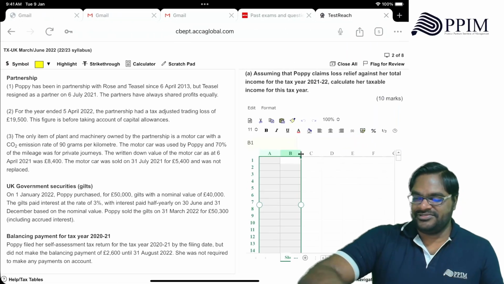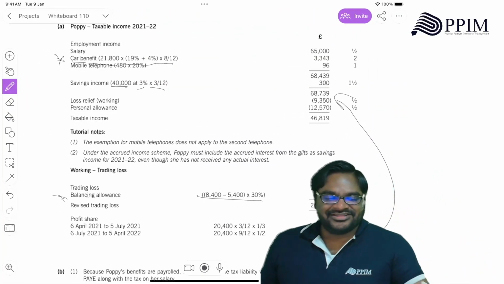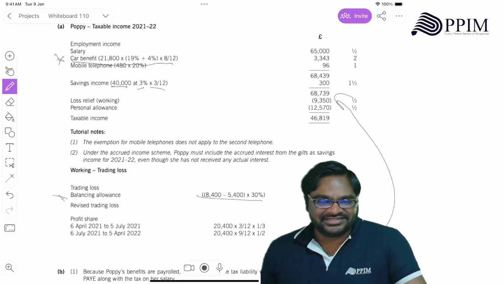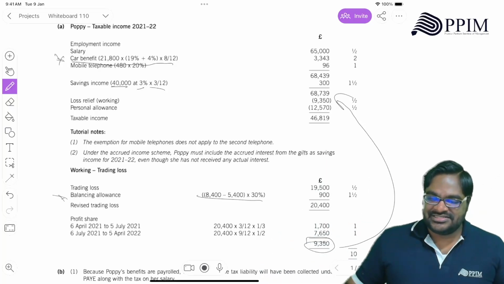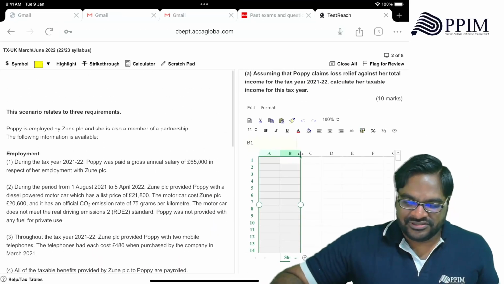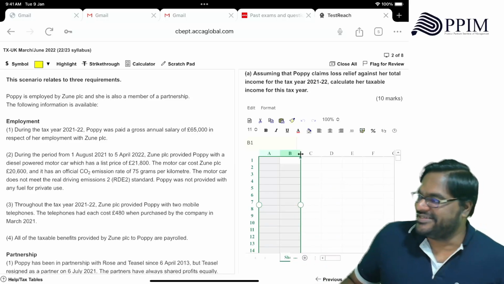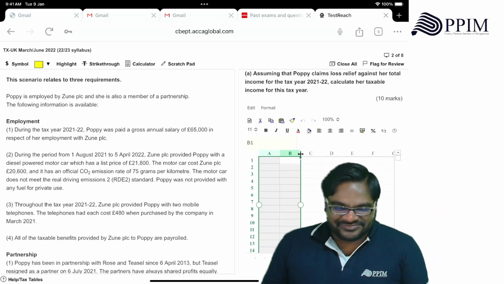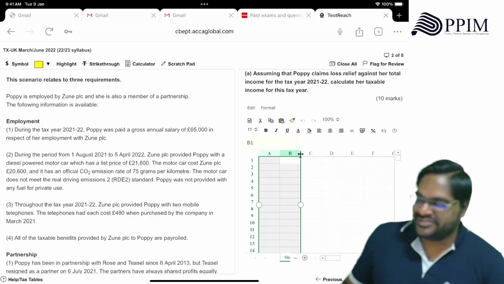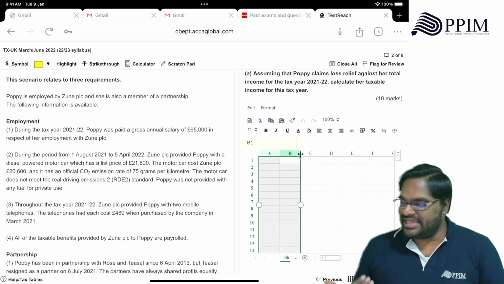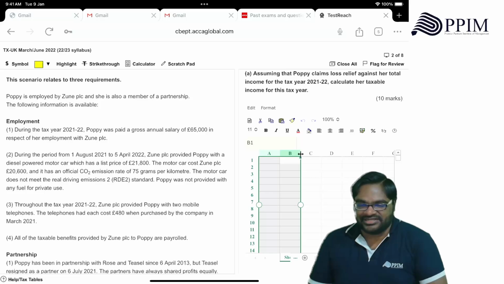Now, don't do anything with the balancing payment yet. We are just on part A of the full question. The scenario has three requirements, and we are just on the first requirement. So it might come in the next requirement, so don't worry for the time being. For this part A, these are the relevant information.